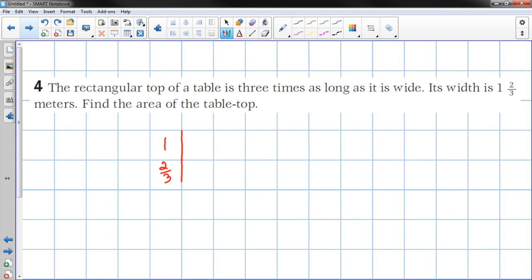Well, 3 times 1 is 3 for that part of it. And then I need 3 times 2/3 to represent that piece, right? Well, if you're not certain how to do 3 times 2/3, that's really just repeated addition. 2/3 plus 2/3 plus 2/3, which is 6/3.